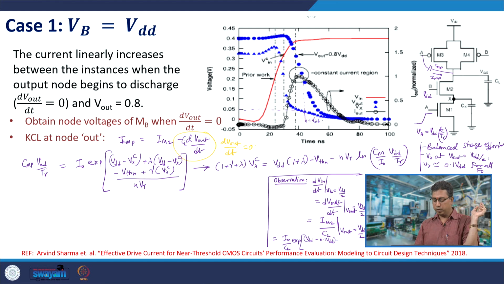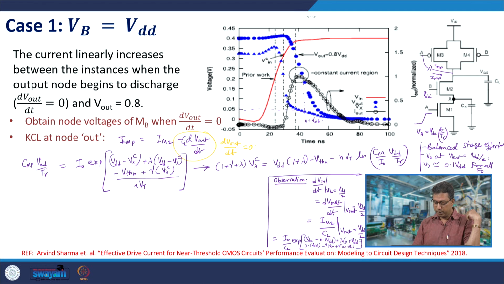So this is VGS plus lambda into VDS, where drain voltage or output voltage is 0.5 VDD minus source voltage, again 0.1 VDD, minus Vth plus gamma, the body factor, into 0.1 VDD, which is Vx.